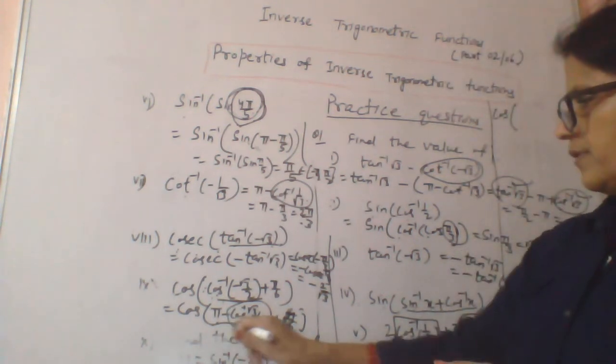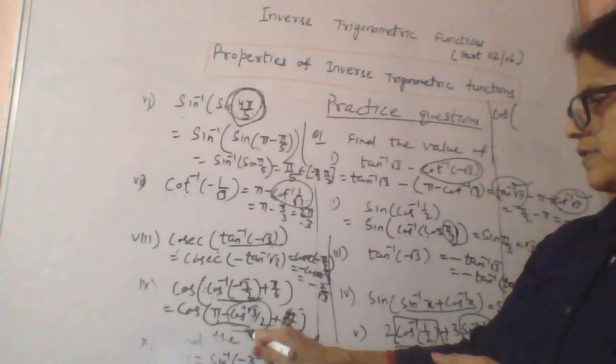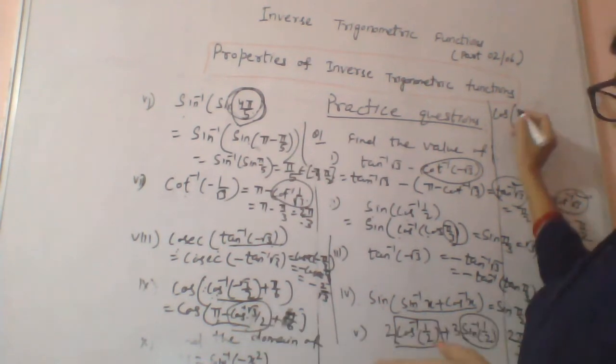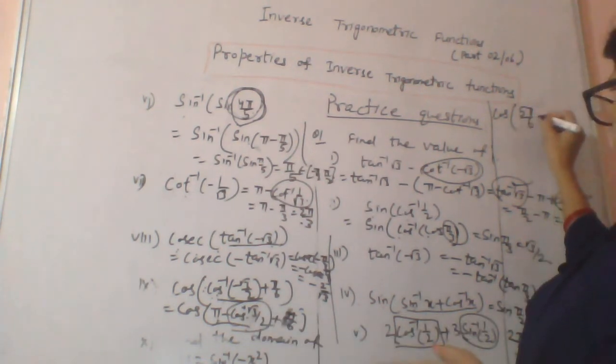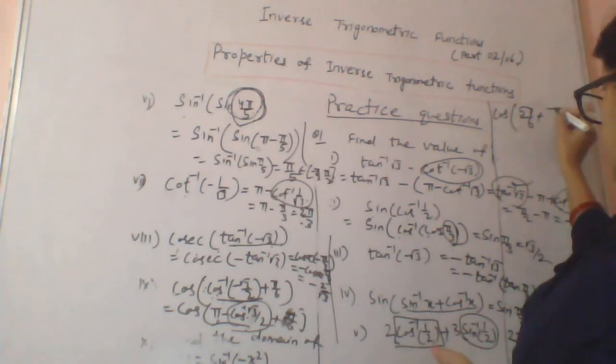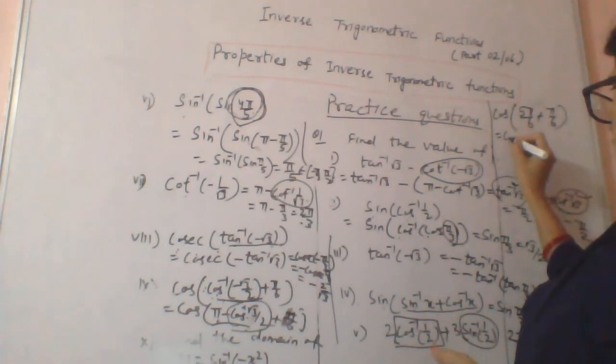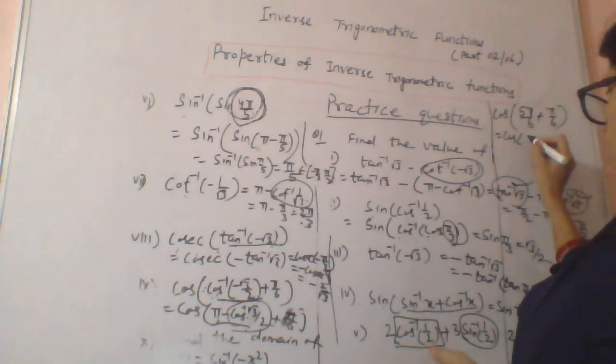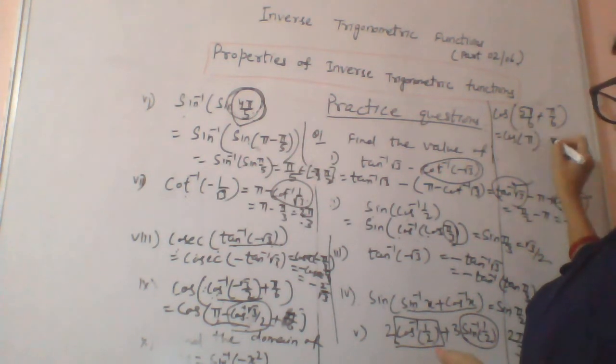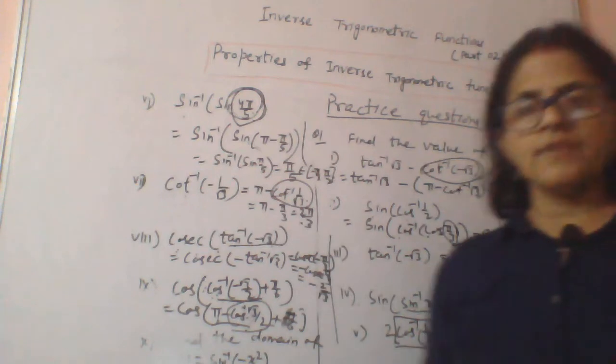So this will be pi minus pi by 6, which means 5 pi by 6, plus this pi by 6. So you are getting cos of 6 pi by 6, which means cos pi, that is equal to minus 1.